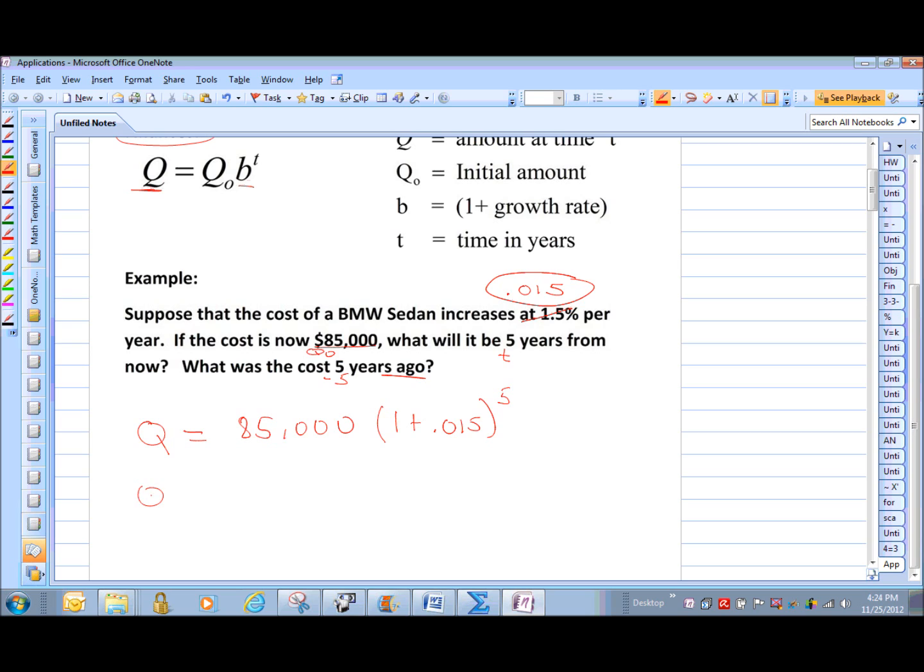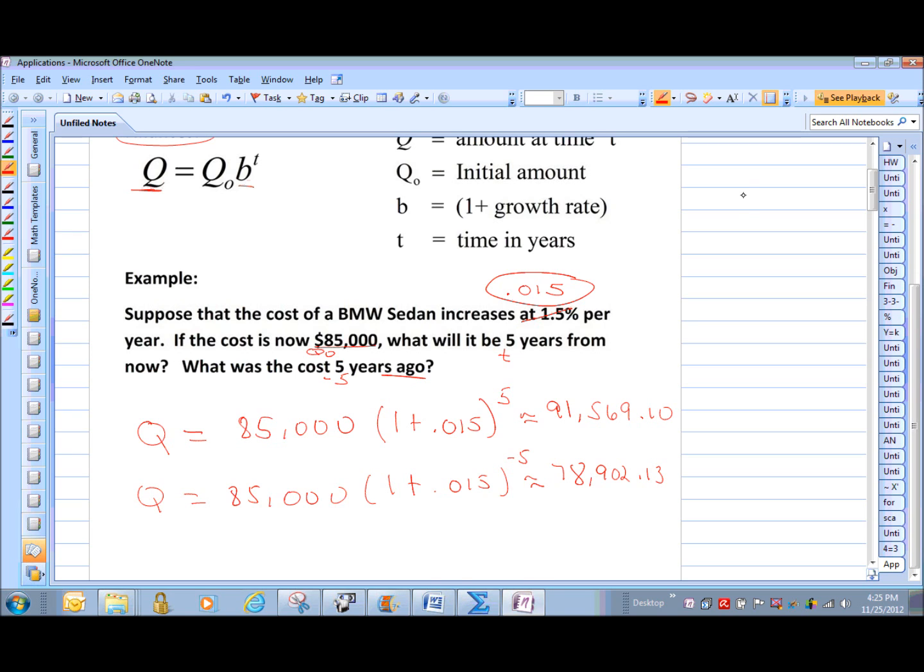Then we also have Q equals 85,000 times 1 plus the growth rate, but we're going back 5 years, so T is negative 5. In the first case, we get approximately $91,569.10. And 5 years ago, our BMW was worth approximately $78,902.13. Okay, let's move on to the next example.